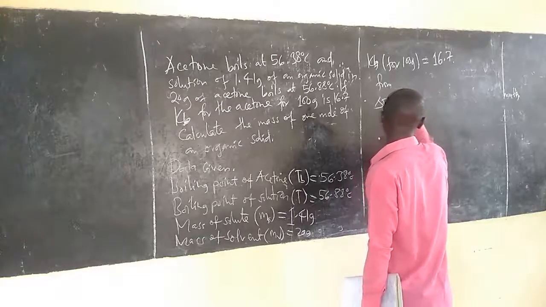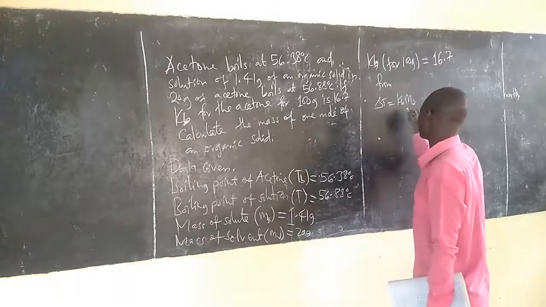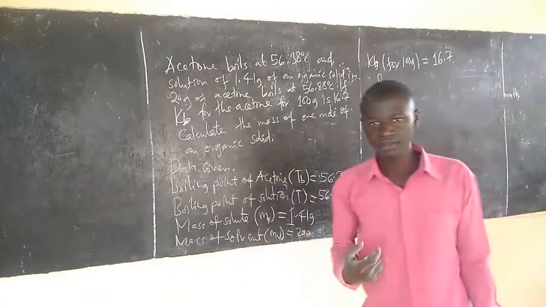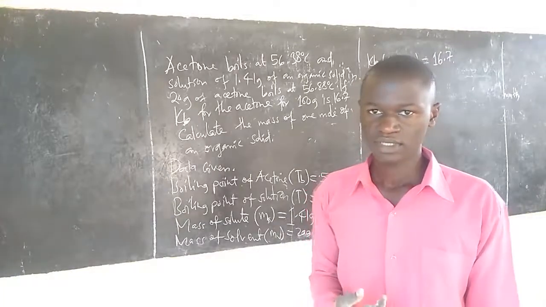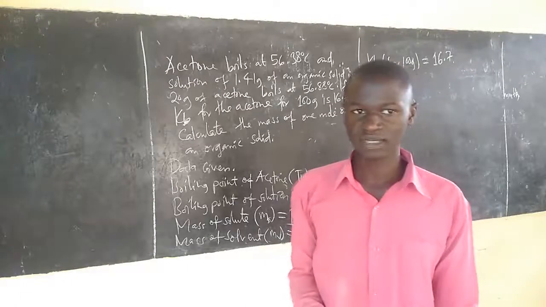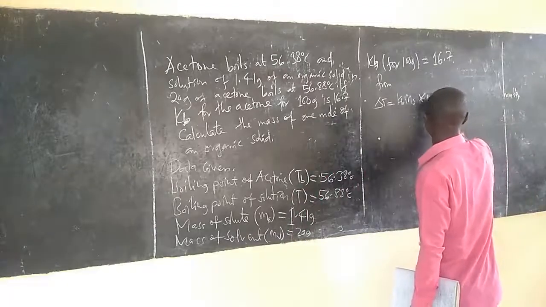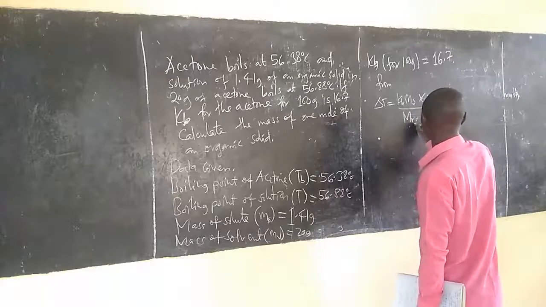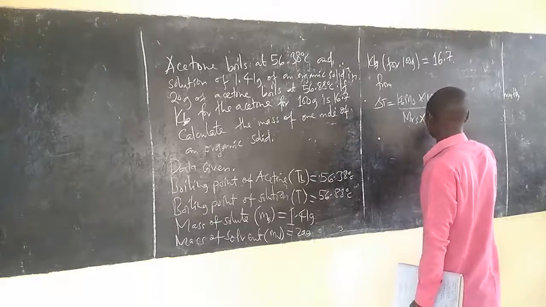So from there we are saying change in T equals Kb times mass of solute. Now in our case, we are given Kb for 100 grams. In all cases, mara nyingi tunapewa Kb for 1000 grams. So tukipewa for 100, we are multiplying by 100 and then divide by molar mass of solute times mass of solvent.